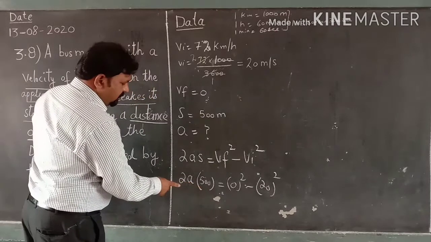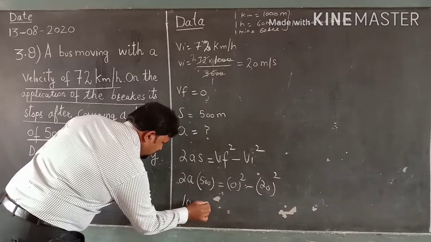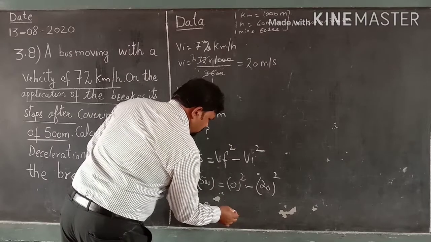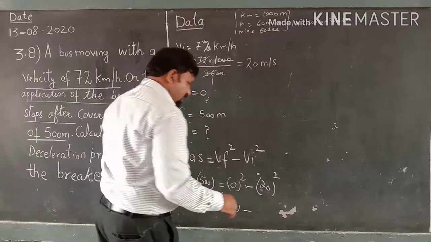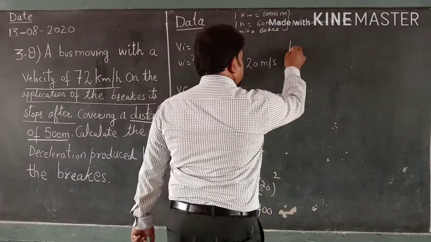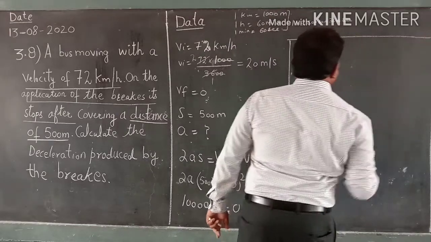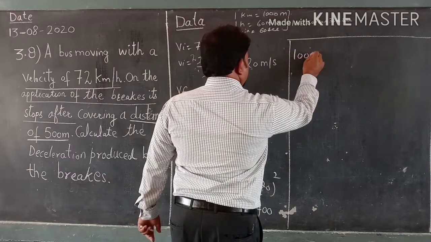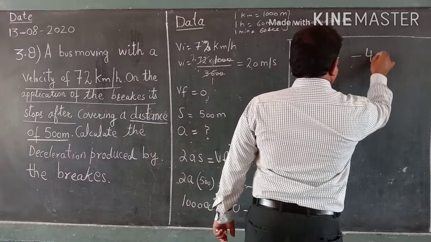Now we will multiply 2 with 500. The answer will be 1000. On the other side, 0 square means 0, minus 20 square means 20 multiplied by 20, and the answer will be 400. So the next step is 1000 A is equal to minus 400.